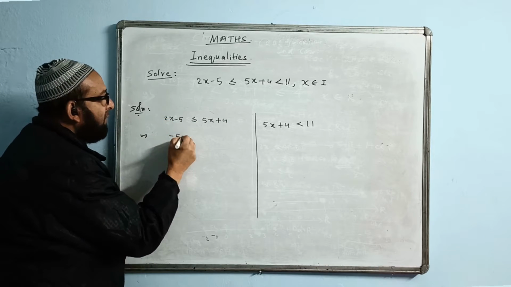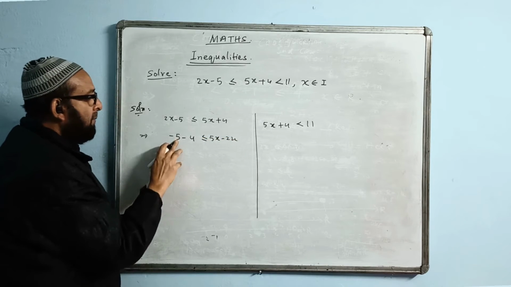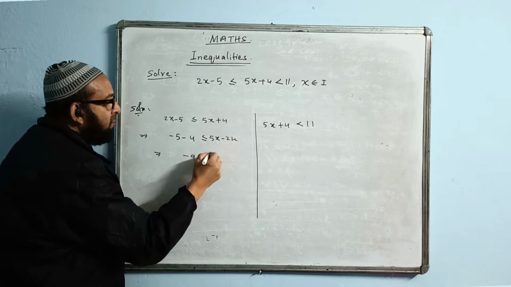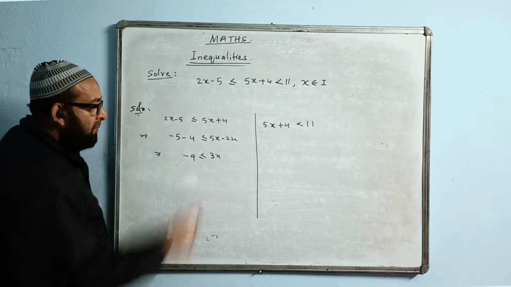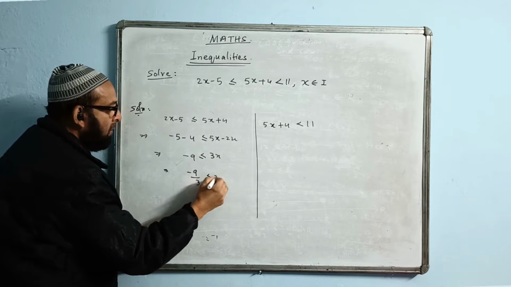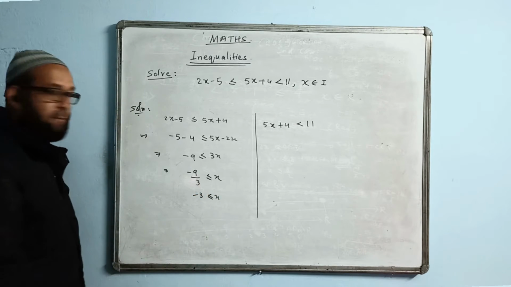Then you can add minus 5, minus 4, 5x minus 2x. Minus 5 minus 4 gives minus 9. 5x minus 2x is 3x. This 3 will come down, right? You get minus 9 by 3. The 3s will go, you get minus 3 less than or equal to x.